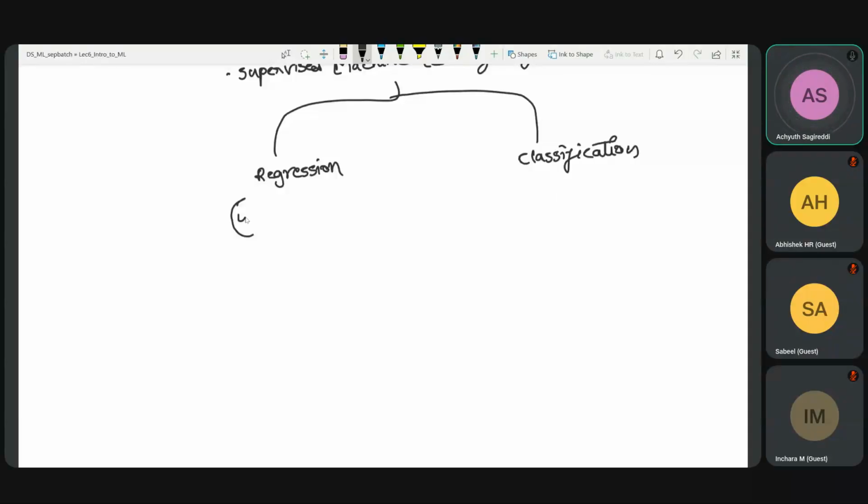Regression is used when output is numerical in nature.